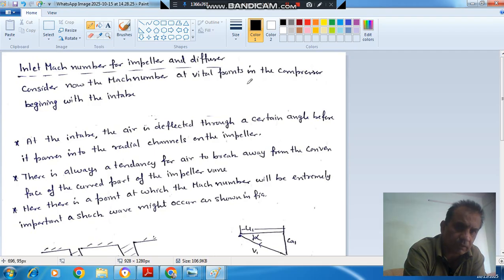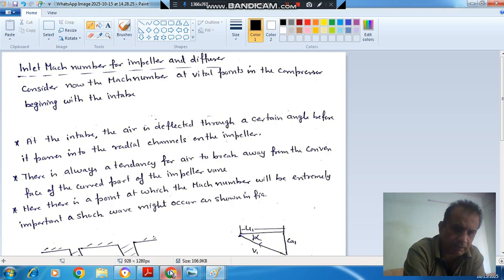Reading this out: consider now the Mach number at vital points in the compressor, beginning with the intake. At the intake, the air is deflected through a certain angle before it passes to the radial channel on the impeller. There is always a tendency for air to break away from the convex surface of the curved part of the impeller blade.